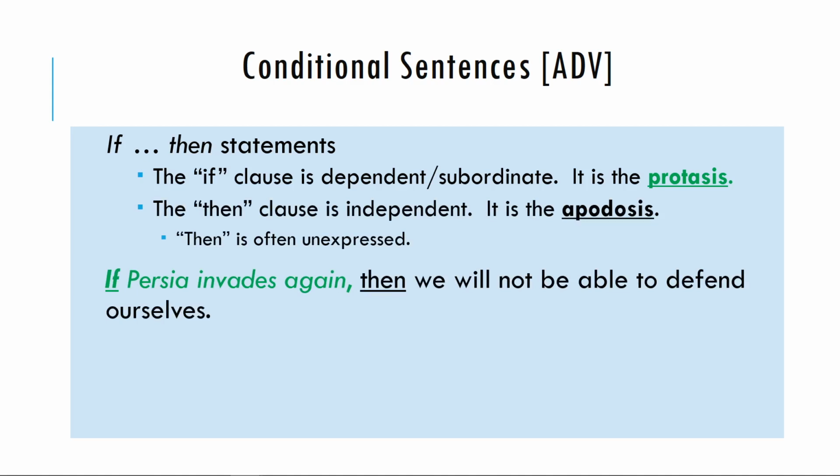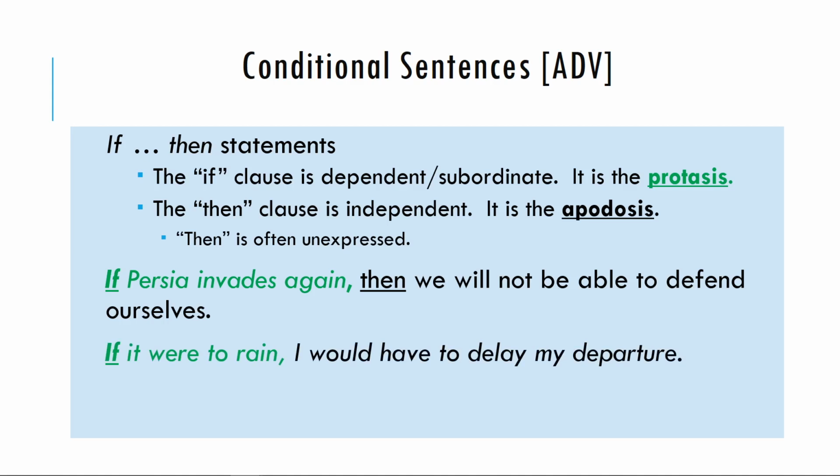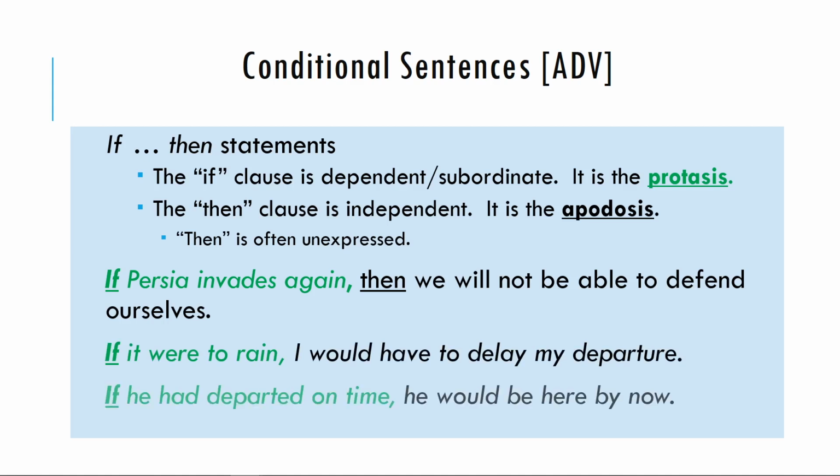If Persia invades again is called the protasis. That is the subordinate clause. So if you see the word if, you've got a subordinate clause and you're looking for a conditional sentence. If it were to rain, I would have to delay my departure. So it's all pretty straightforward. These are the main types of clauses we're going to be talking about with this next few chapters.